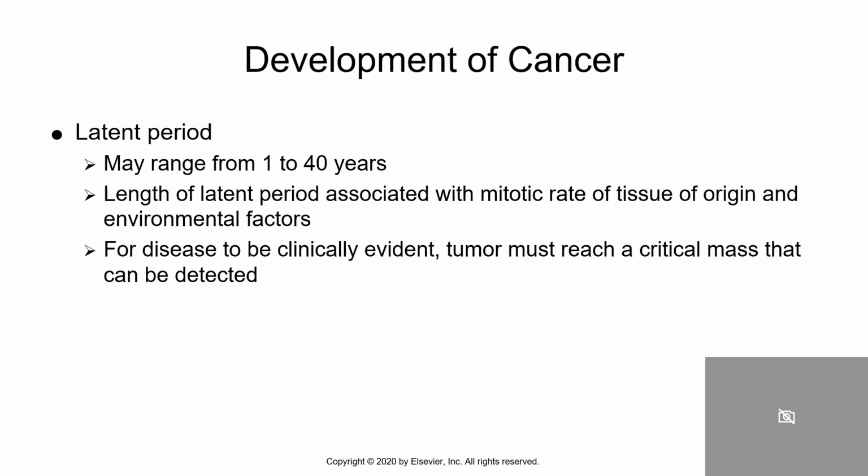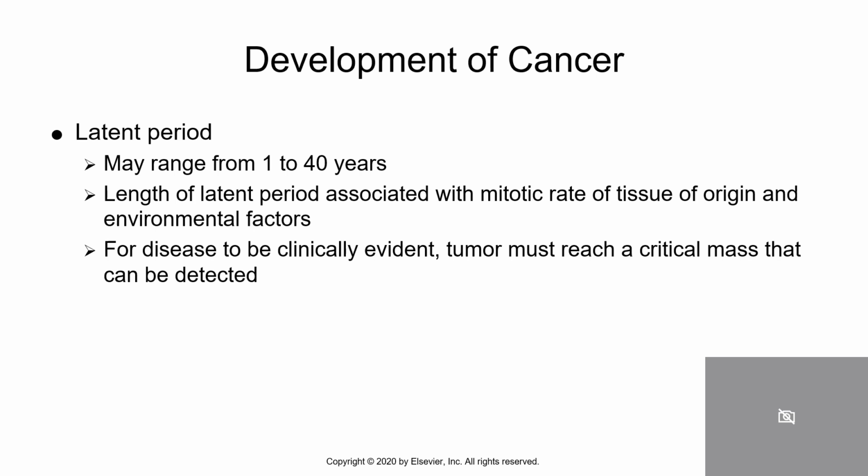The latent period of cancer can take anywhere from 1 to 40 years before it can develop to the point that it can be detected. Right now, the smallest tumor that can be detected by a diagnostic measure like an MRI, for instance, is about half a centimeter.